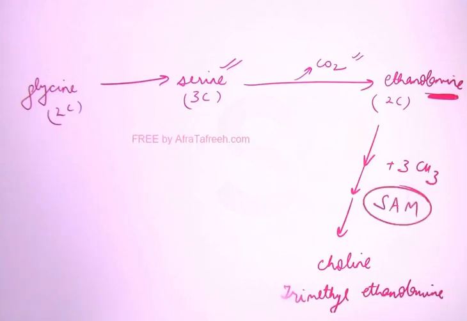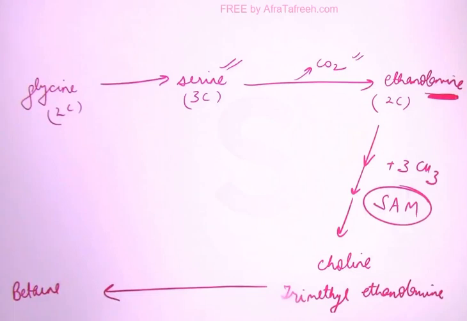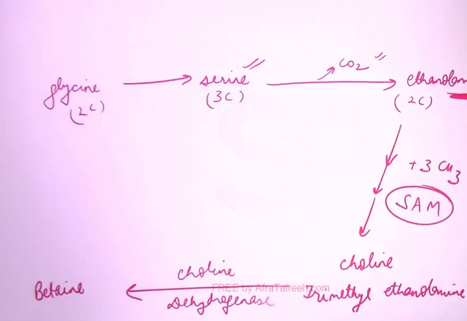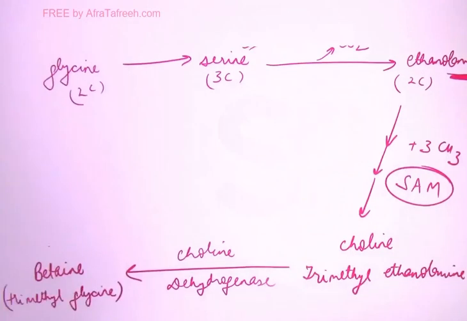Now trimethyl-ethanolamine or choline will be converted to betaine, and here the enzyme is choline dehydrogenase. This betaine is also called trimethyl glycine. Choline is trimethyl ethanolamine, and betaine is trimethyl glycine. From trimethyl glycine, when we remove one methyl group, we get dimethyl glycine.